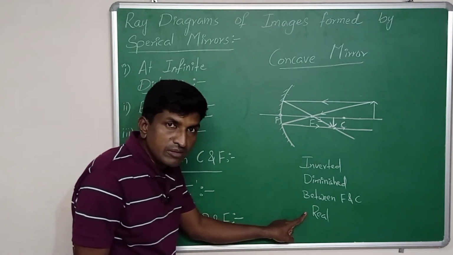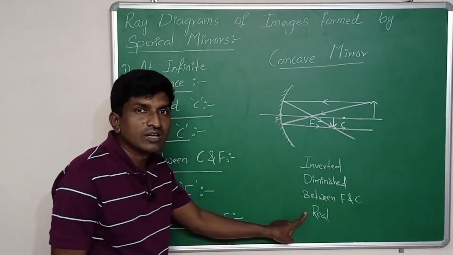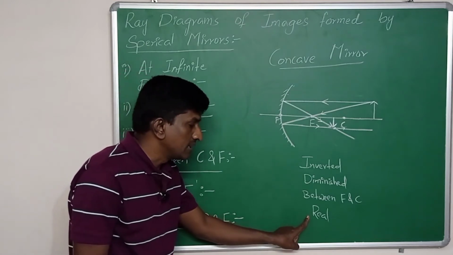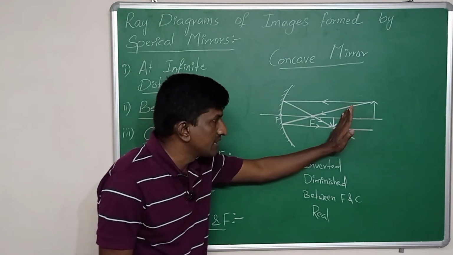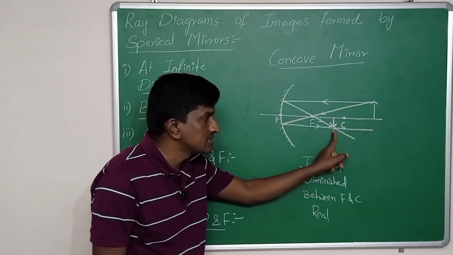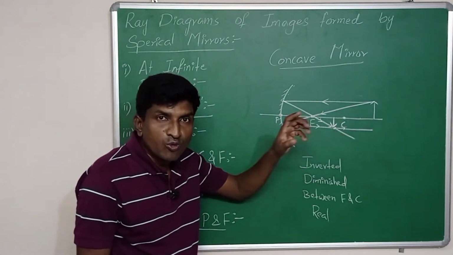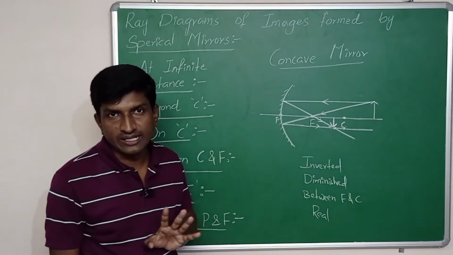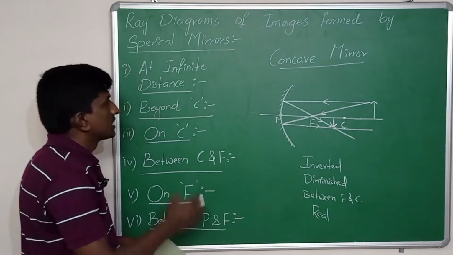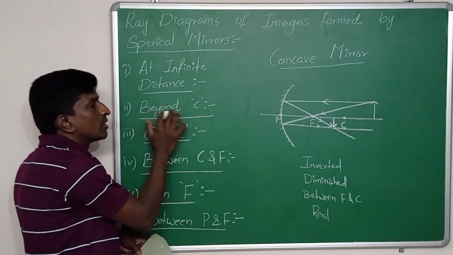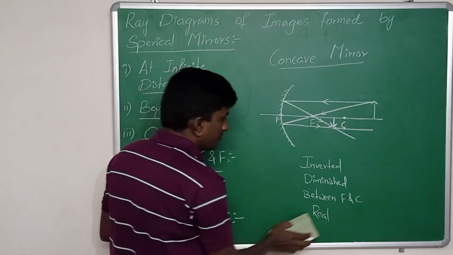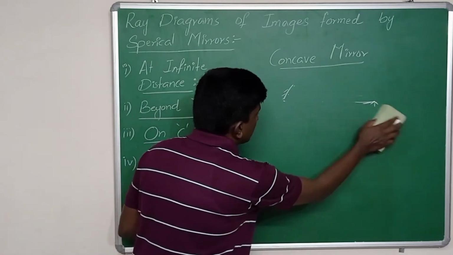If you place a screen here, then the image is focused or formed on that screen. So this is about the ray diagram for the object placed beyond C. Now come to the next one.